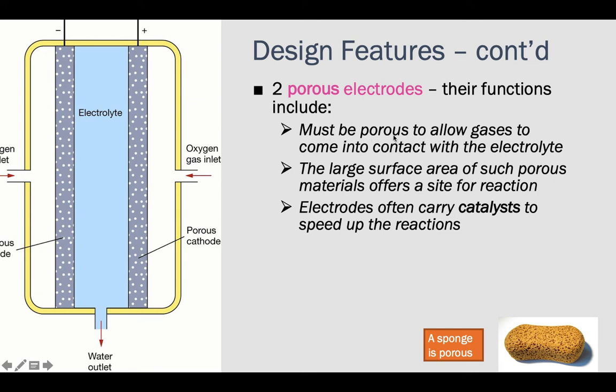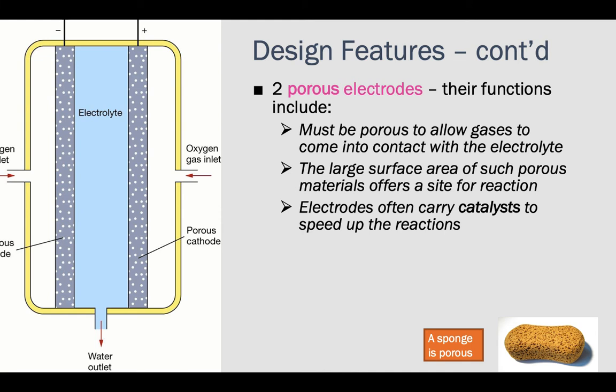It has to be porous so as to allow gases to come into contact with the electrolyte in the middle. Also, the large surface area of such a porous material offers a site for reaction. Moreover, those electrodes often carry catalysts to speed up the reactions.